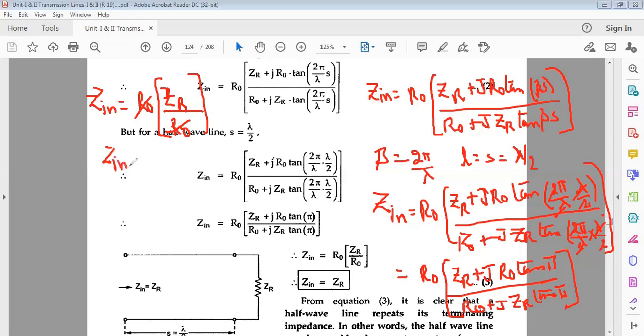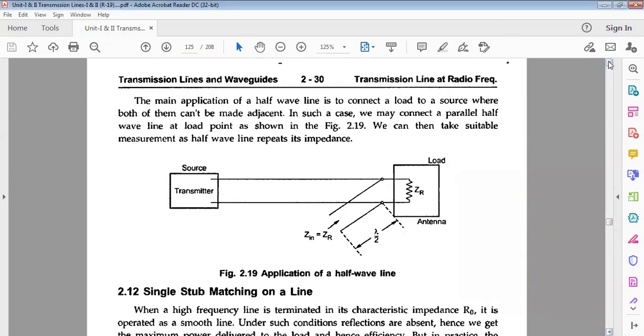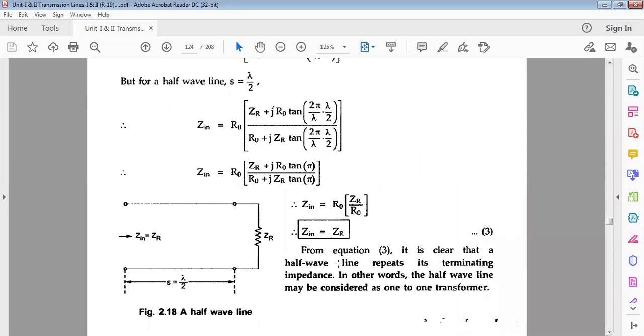The Zin is equal to ZR. When we consider the half wave line, input impedance is equal to load impedance ZR. From this equation, it is clear that the half wave line repeats its terminating impedance.